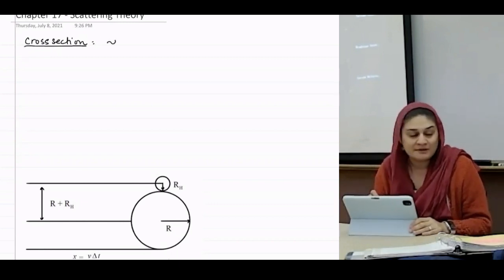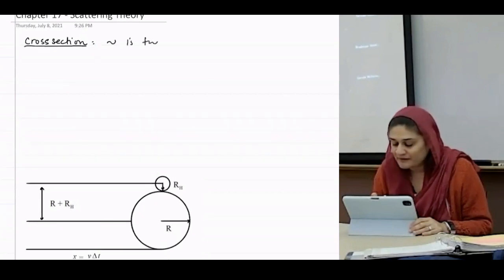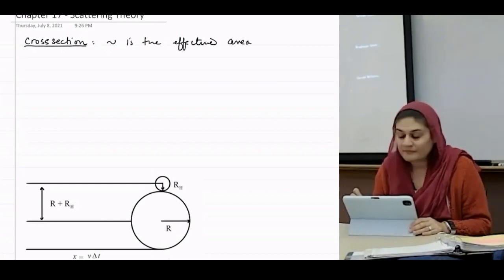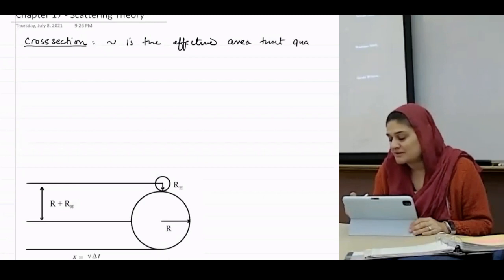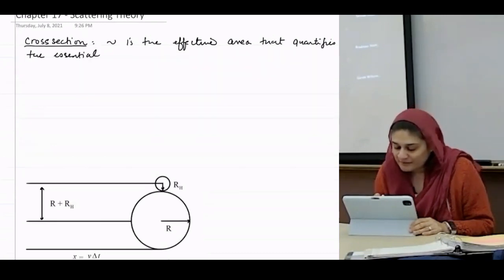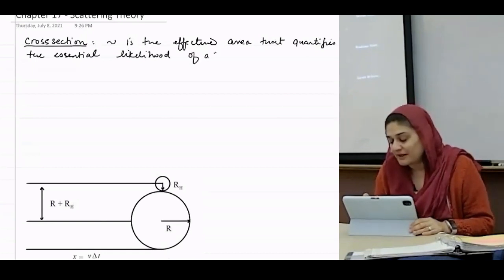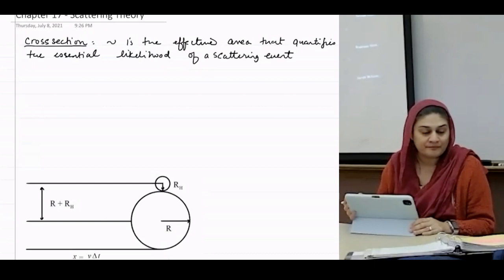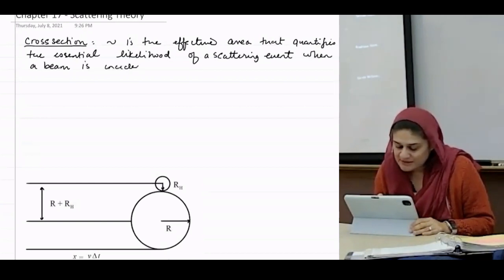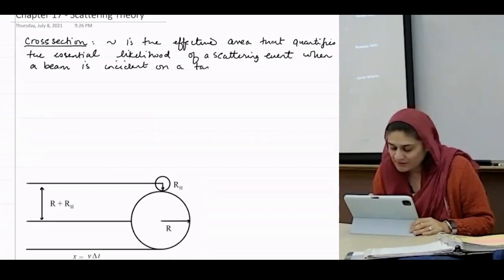A cross section is the effective area that quantifies the essential likelihood of a scattering event when a beam is incident on a target.